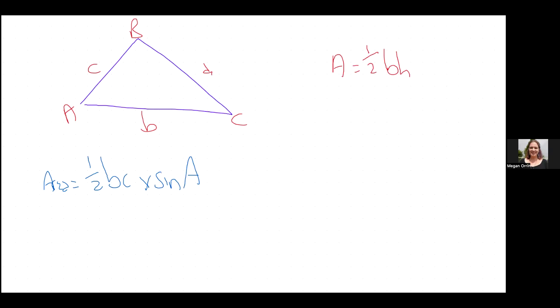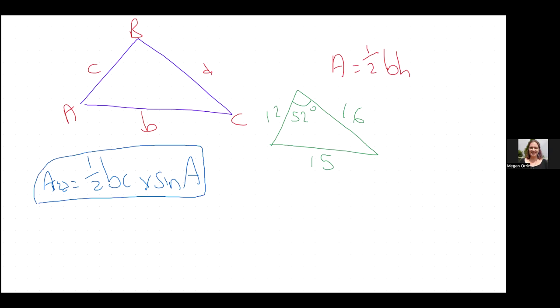It's really simple. The important thing with this one is being able to label which side is which. This is 12, this is 16, this can be 15. I'm going to give you this information and you're going to have to tell me which letter is which.